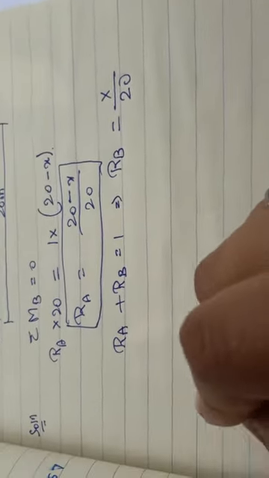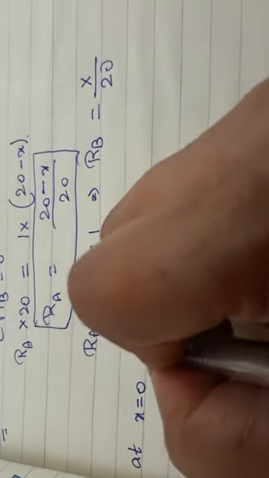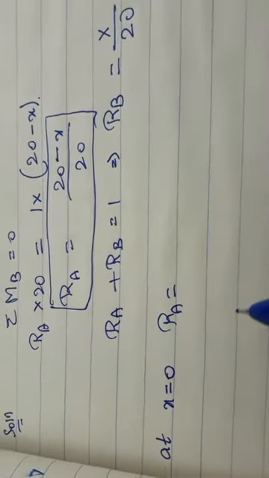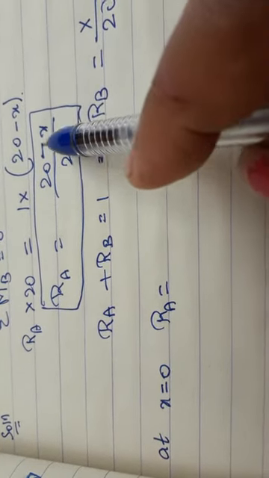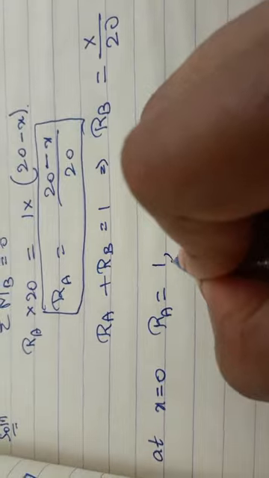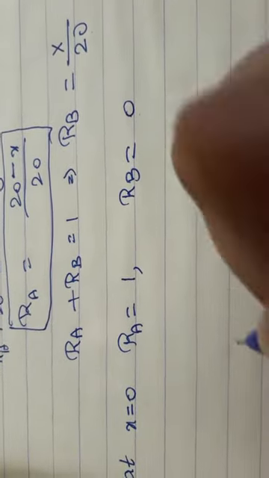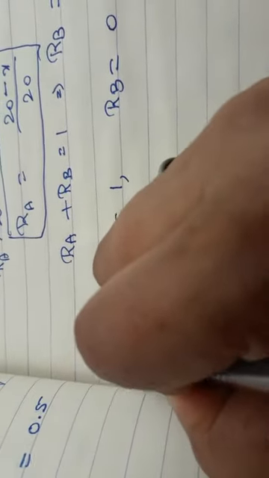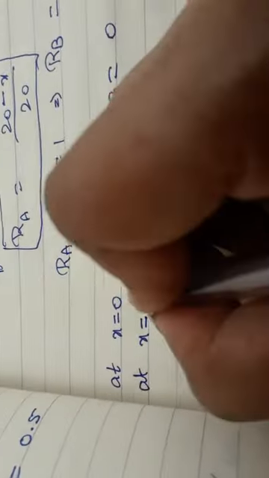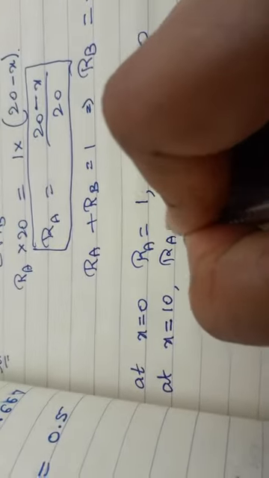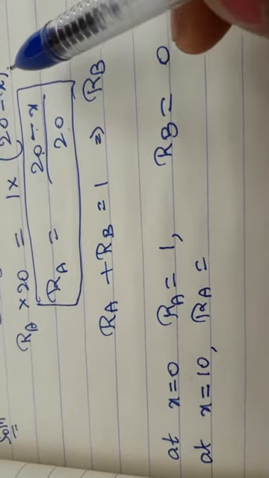So, now we will apply a condition for RA and RB. At X is equal to 0, if I substitute X as 0, RA will be 20 by 20, which is equal to 1, and RB is equal to 0 by 20, which is 0. In the same way, at X is equal to half of the 20, the span is 10 meter, RA is equal to 20 minus 10 divided by 20, that is 10 by 20.